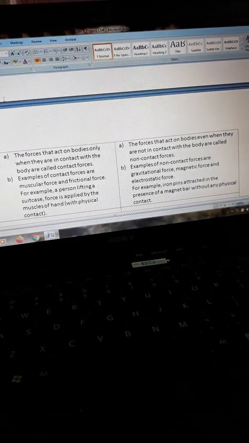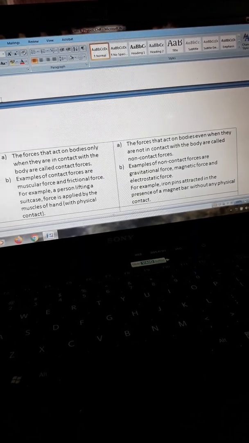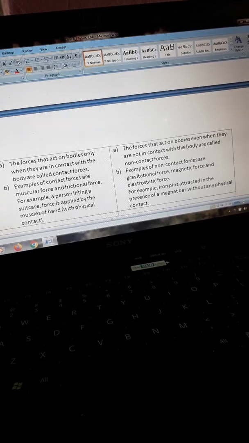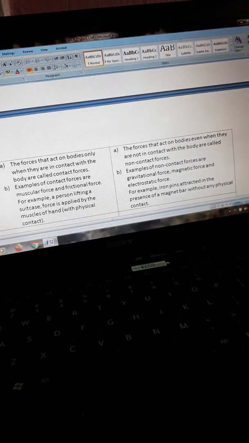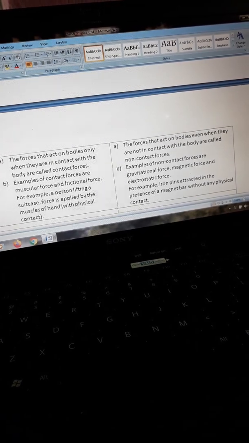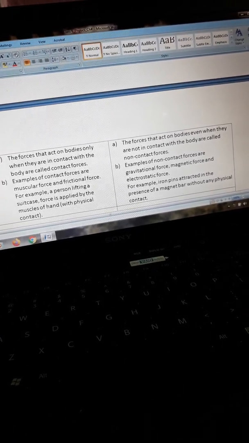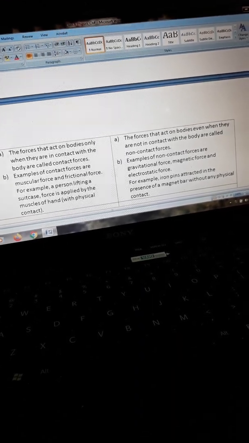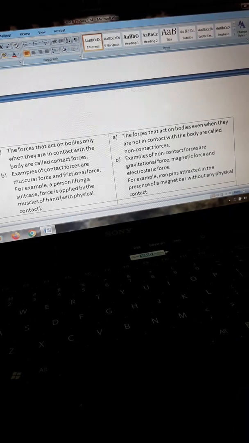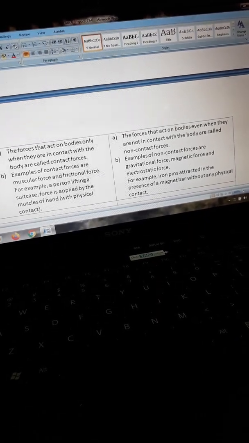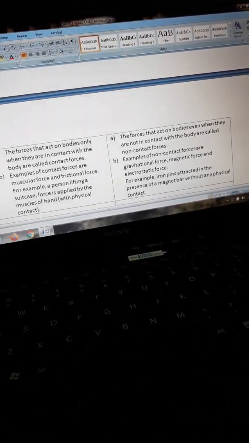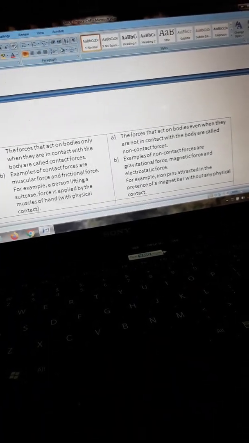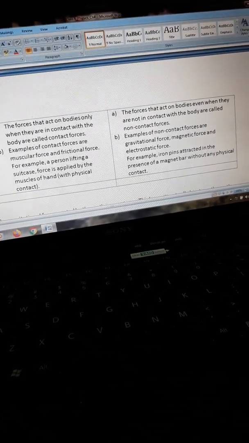Examples of contact forces are muscular force and frictional force, and examples of non-contact forces are gravitational force, magnetic force, and electrostatic force. For example, a person lifting a suitcase: force is applied by the muscles of the hand, so it is a physical contact. That's why it is a contact force. And here the iron pins are attracted in the presence of a bar magnet without any physical contact. So that's why it is a non-contact force.